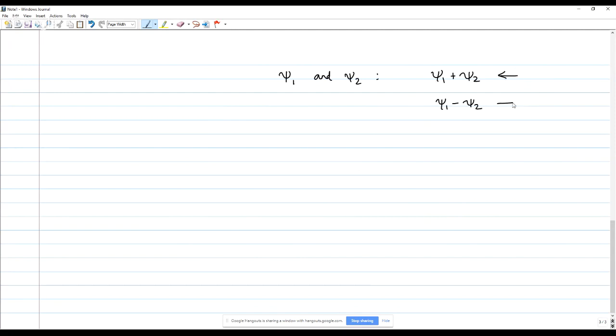Therefore, the phases of the individual orbitals or individual wave functions are important for such things. If we do the integral of psi1 plus psi2 star, psi1 plus psi2, d tau, here also the phase of the orbital is important.